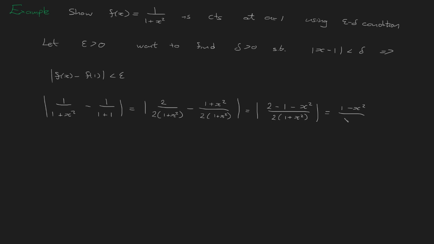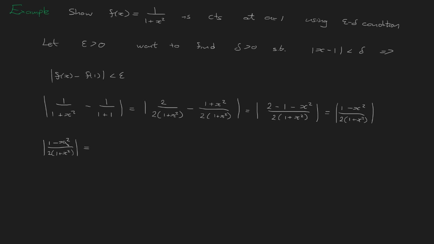So we have the absolute value of 1 minus x squared, over 2 times (1 plus x squared). And so just like before, we have this information about the absolute value of x minus 1. And we're going to be able to find a factor of x minus 1 within this 1 minus x squared. So let me write that over here for convenience.